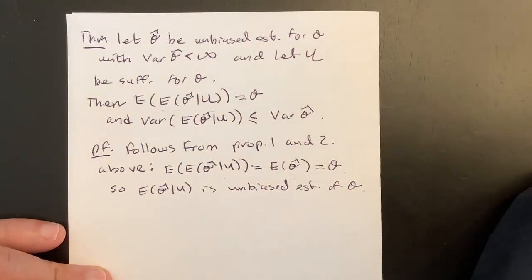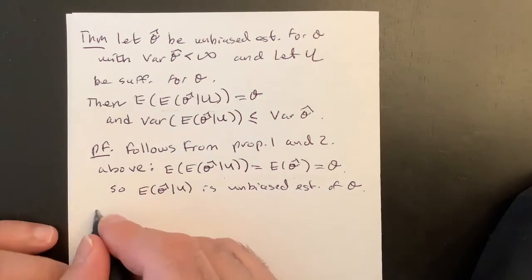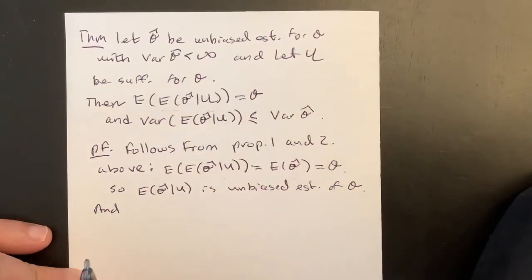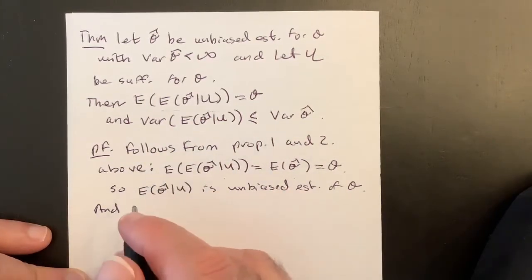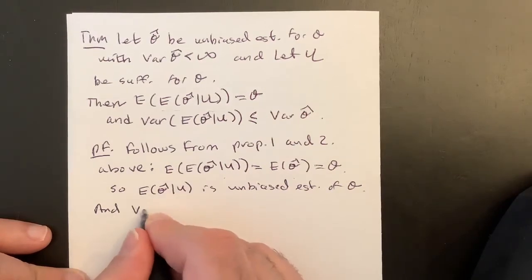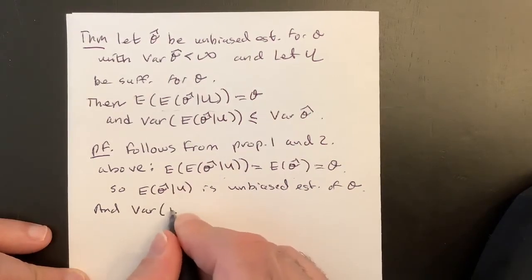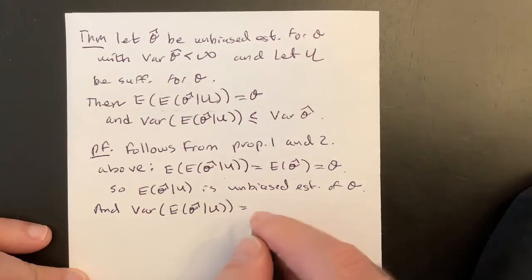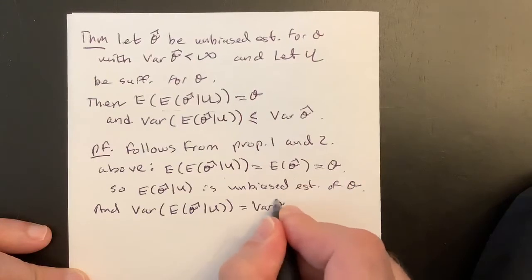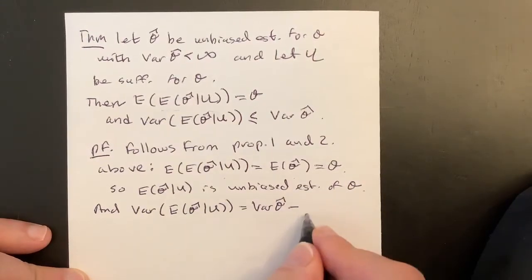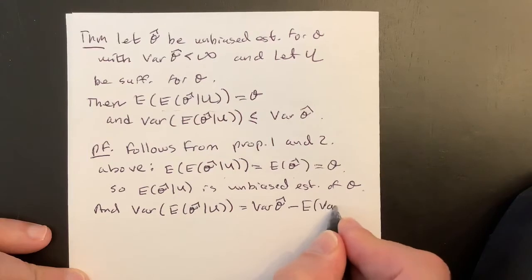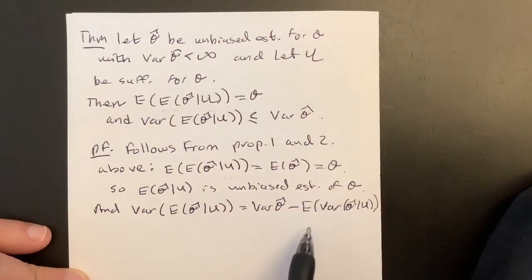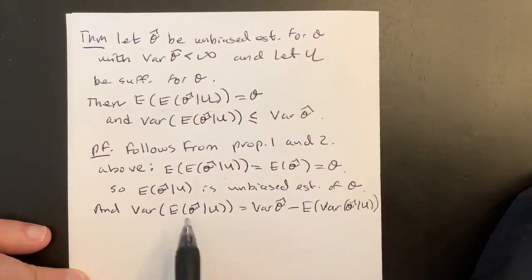Now for the second one, we can use that second property. If I just manipulate the conditional variance property, the variance of E of theta hat given U is equal to the variance of theta hat minus the expected value of the variance of theta hat given U. I just subtracted this from this side.